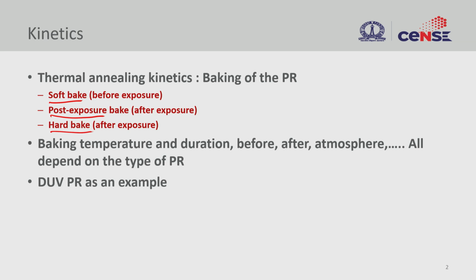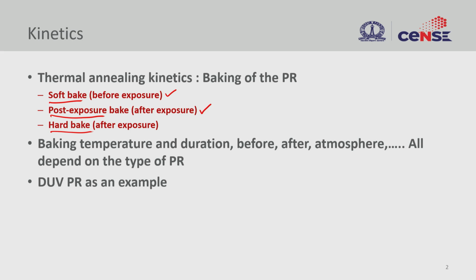All these bakes are doing two kinds of processes in the photoresist. One is that soft bakes are trying to remove the solvent, because initially we coat it and then we anneal or bake this material in order to make it solid. The next thing is that post exposure bake is used to accelerate the reaction, or arrest the reaction, as a result of exposure.